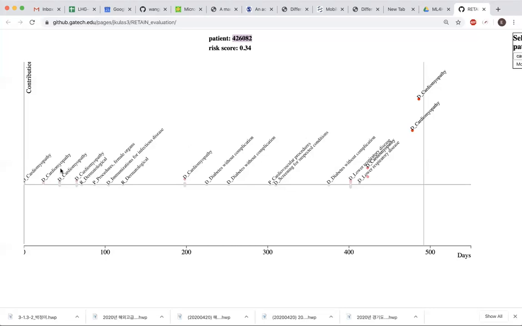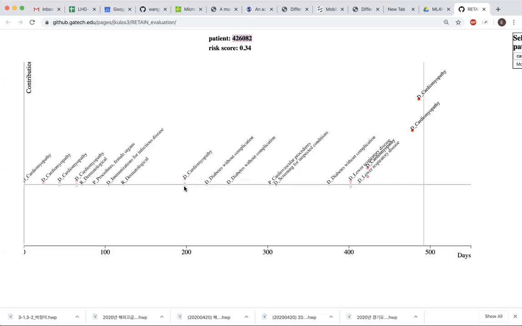Of course, in each visit there are a lot of things happening. So here, the red dot here is, oh, okay, yeah, I can actually see it.